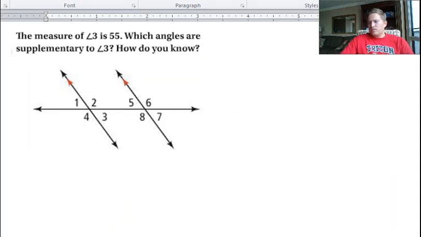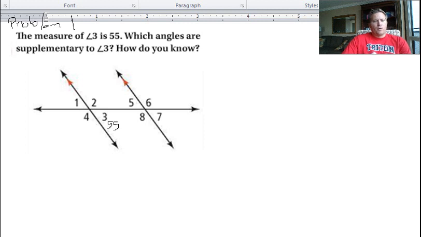Alright, so this is going to be our problem number 1. Make sure you write problem 1. It says the measure of angle 3 is 55. Which angles are supplementary to angle 3? So if this is 55 right here, let's label it. How do you know?